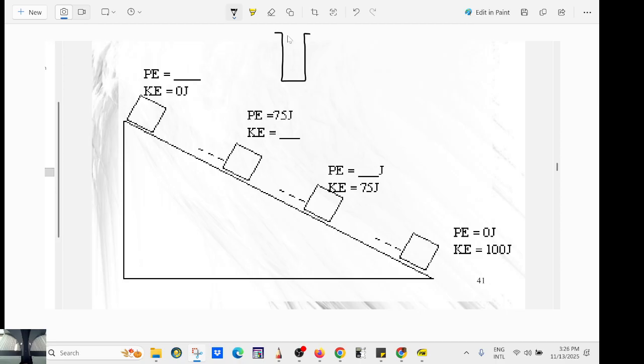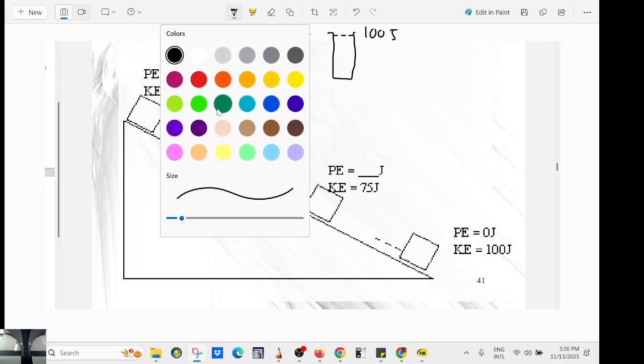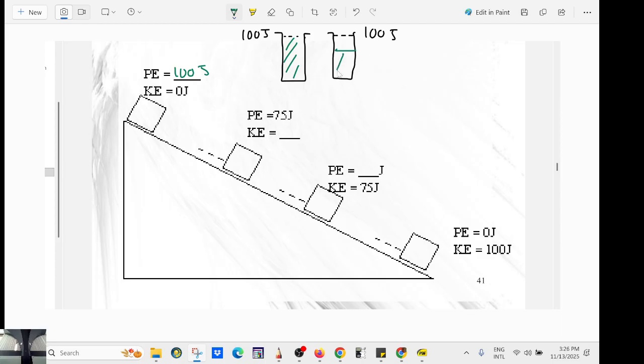Okay, so the way you can remember it, if there is no friction, if there is no air resistance, energy is inside a reservoir. The level here will not change. It's 100 joules. But you start with only potential. So everything is in potential. Potential is in green. And then little by little, you still have the same reservoir, still 100 joules, but some of it already turned into kinetic.